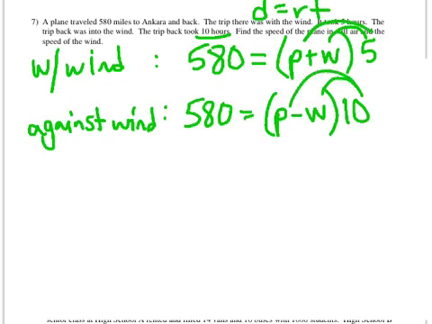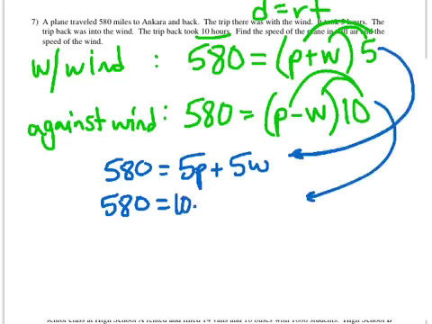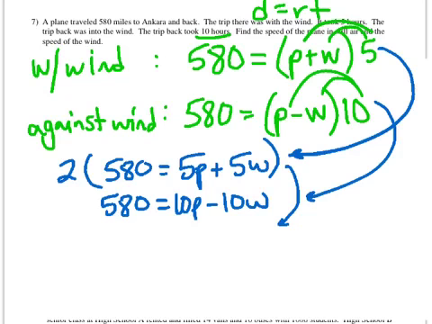So we're going to have 580 equals 5p plus 5w, and 580 equals, so that's from here, 10p minus 10w, and then to eliminate we're going to multiply this whole thing by 2. So if we multiply that whole thing by 2, 580 times 2 is 1,160.